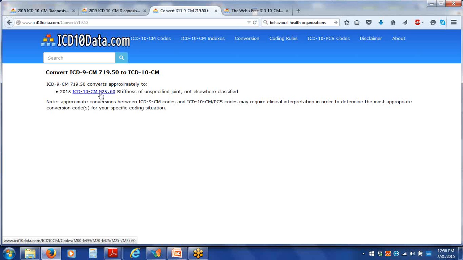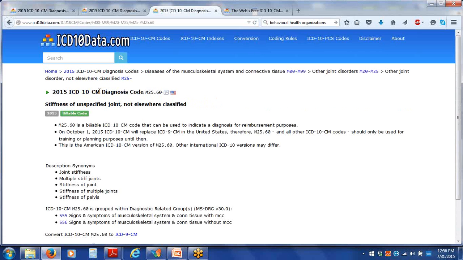And it's telling you that the code that it maps over to right now is stiffness of unspecified joint, not elsewhere classified. What is that unspecified code probably going to do? It's probably going to reject, okay?